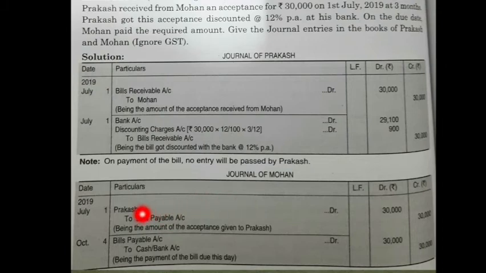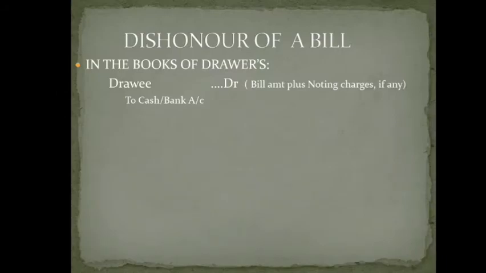You can see bills payable account has been debited to cash account, because on the maturity date Mohan made the payment of that bill. So bills payable is debited to cash account, being the payment of the bill due this day, 30,000.